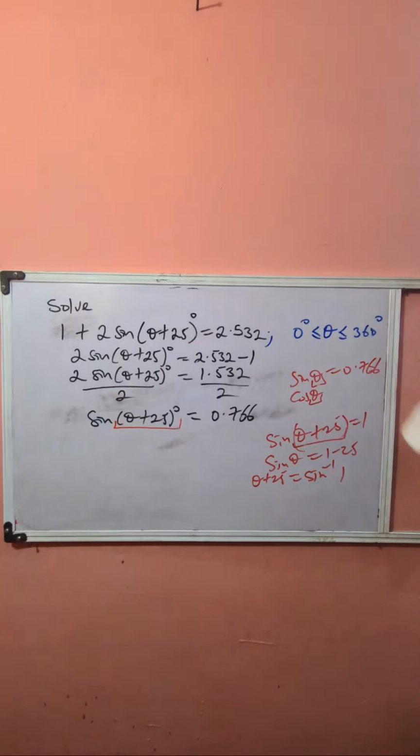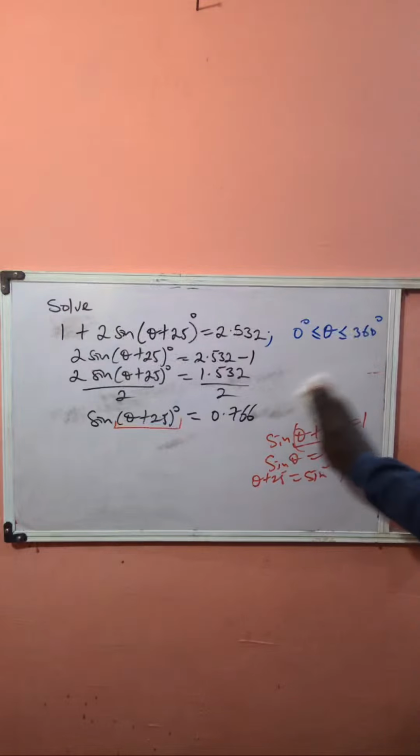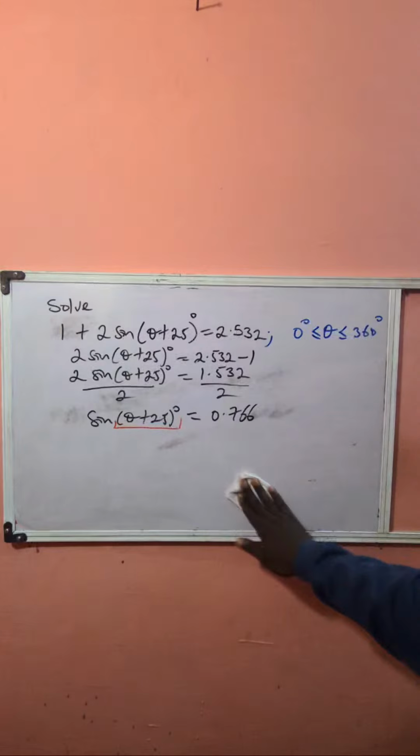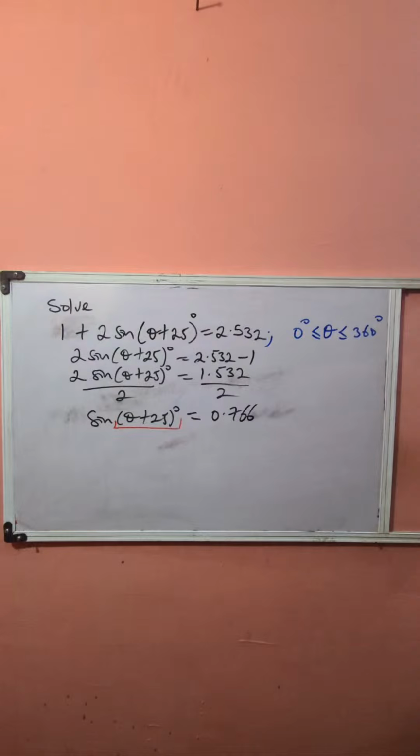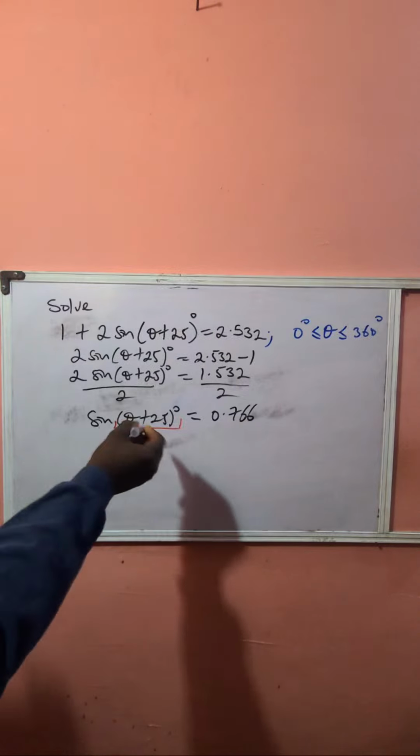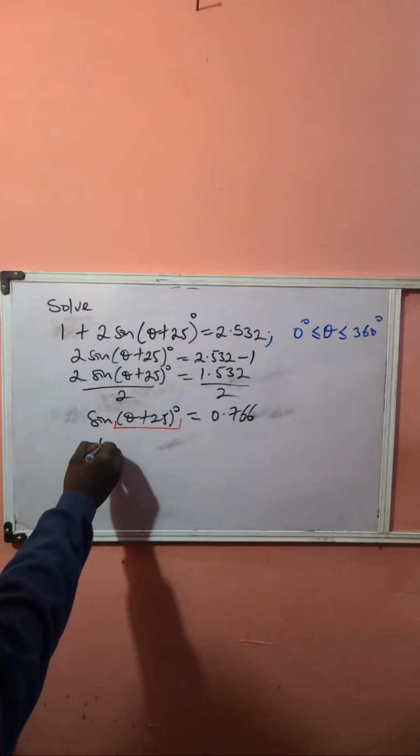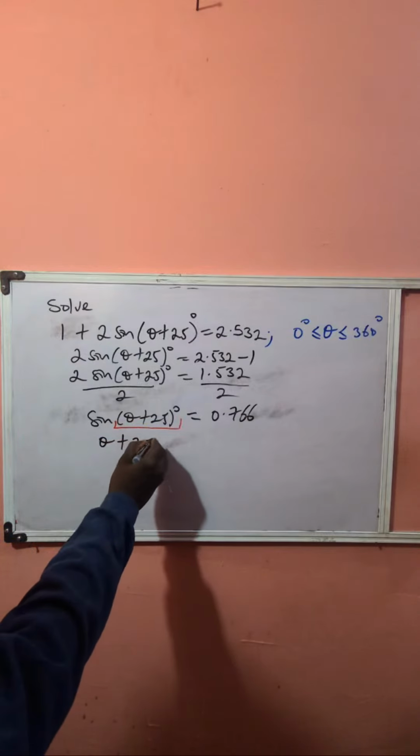That's the best step to take in order to resolve the question. So that's where you need to pay attention. You need to resolve this by saying theta plus 25 degree.